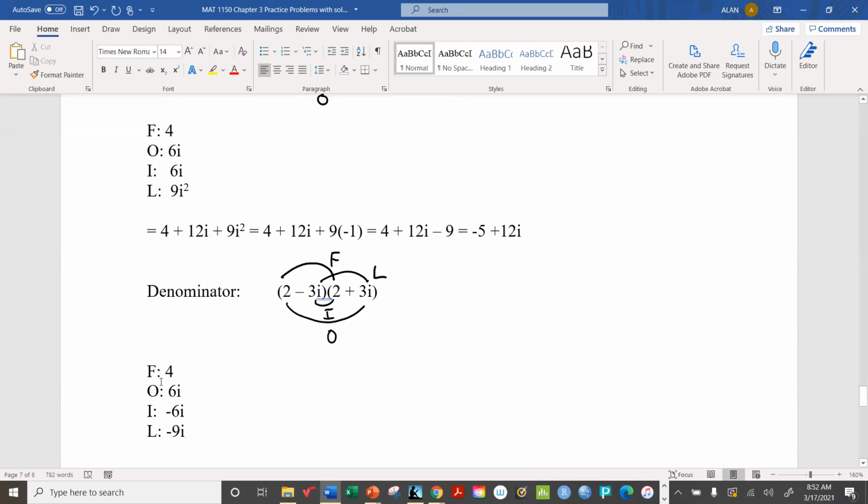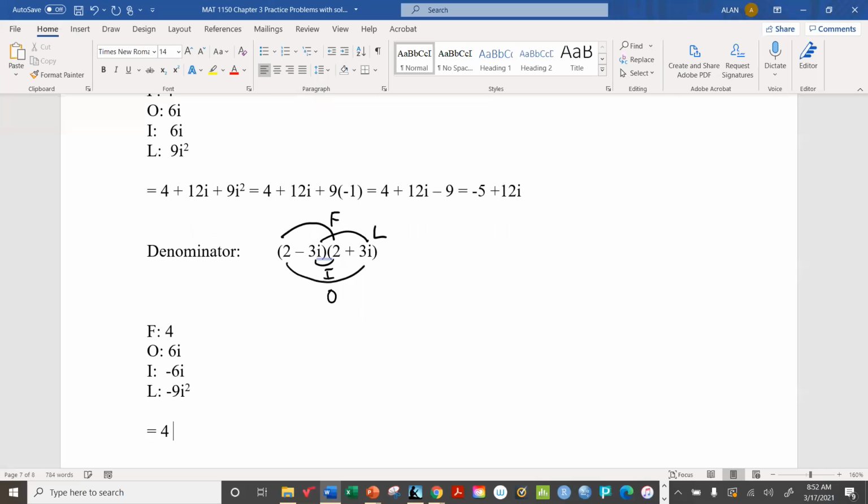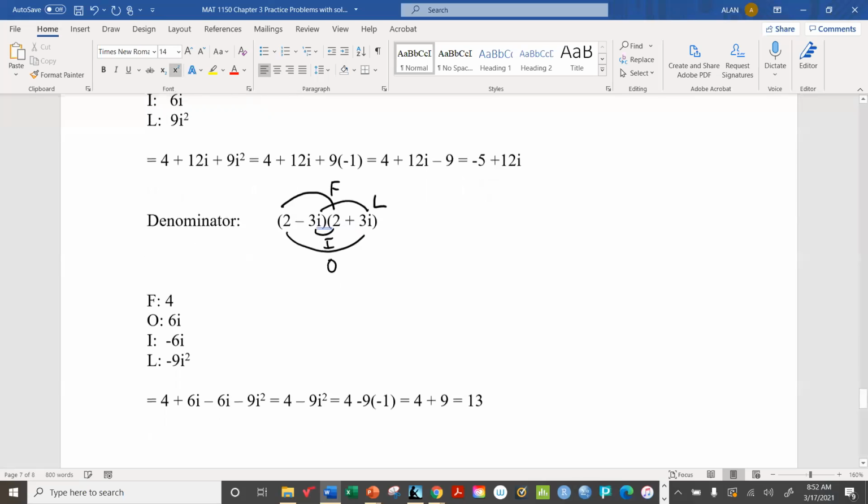So this time, though, the O and the I terms do drop out. All right. So we'll have 4 plus 6i minus 6i minus 9i squared. 4 minus 9i squared. Okay, 4 minus 9 times negative 1. 4 plus 9 equals 13.